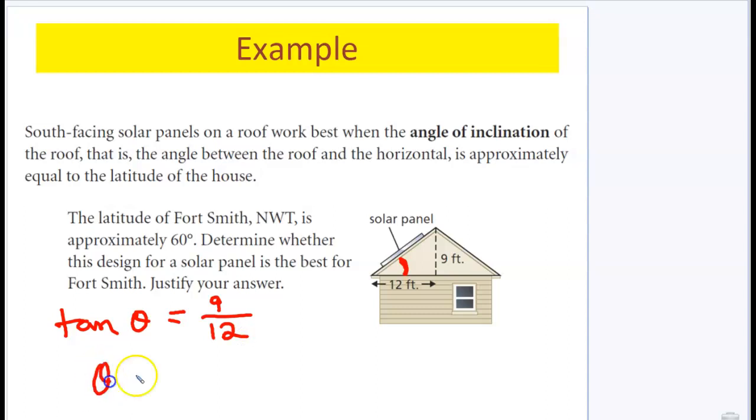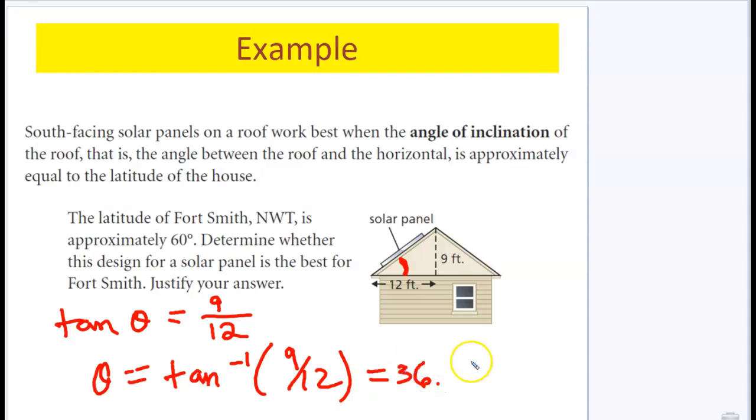And just like we did earlier, I take tan inverse of both sides. And if you go to your calculator now and go second tan, you get 36.9 degrees.